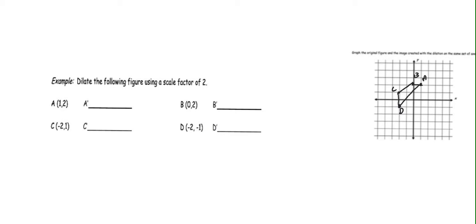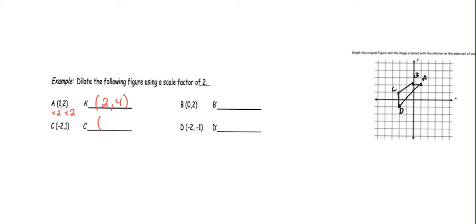or our pre-image. Now we're going to use the scale factor to draw our new image after a dilation. A scale factor of 2 means we multiply everything by 2. So A prime becomes 2, 4 because it's 1 times 2 and 2 times 2.